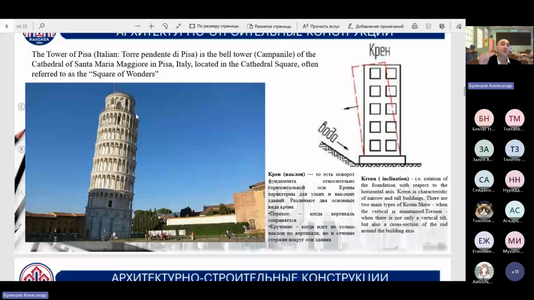It is most typical for slender, narrow, and tall buildings, where even minor deviations of the foundation affect overall stability.